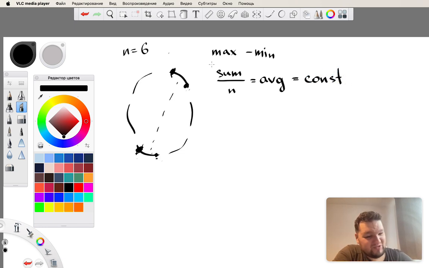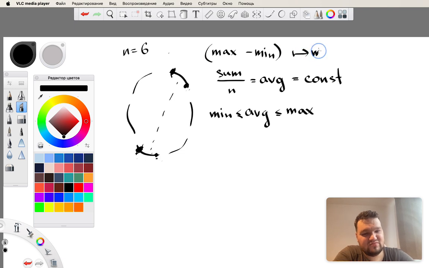And what we know about average is that it is not greater than the maximum and not smaller than the minimum. So we want to minimize maximum minus minimum, but between them there will be the average, which is fixed. It is just a number that we can calculate, the sum of everything divided by n, and we cannot do anything about it.